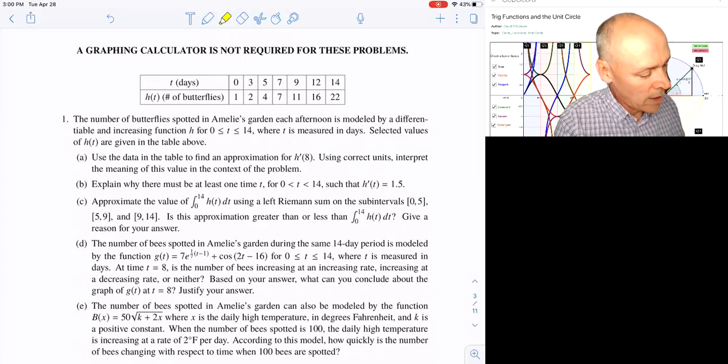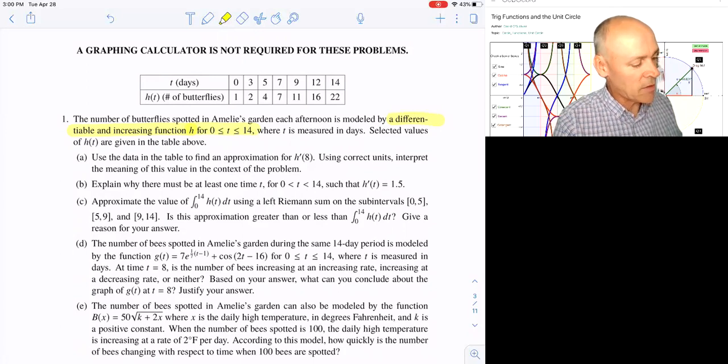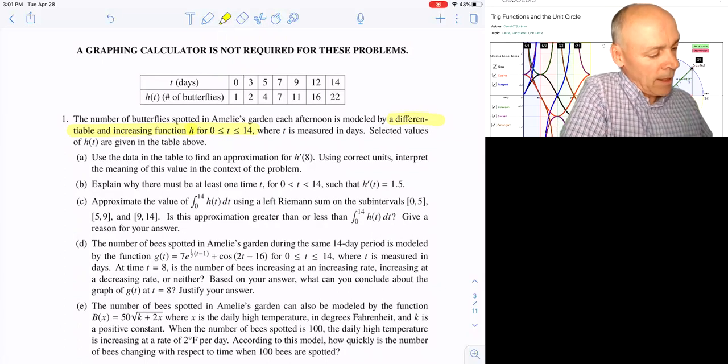So I know my function H is differentiable and increasing on that interval from 0 to 14, where T is measured in days. Selected values of H and T are given in the table above. Okay, so that's all good.